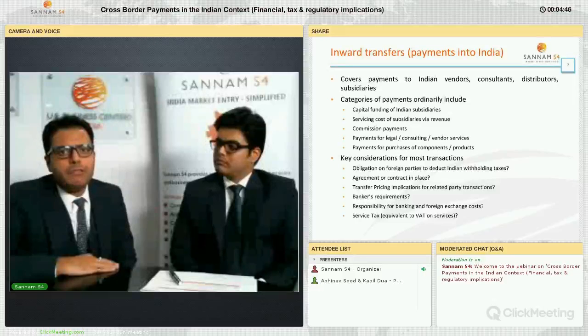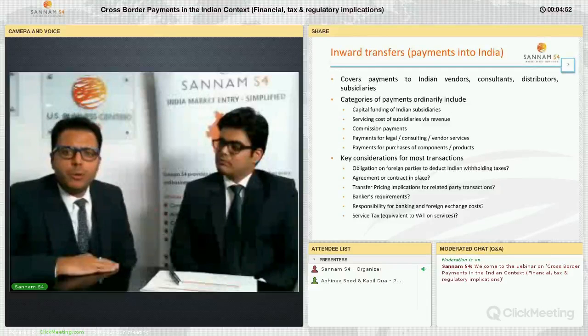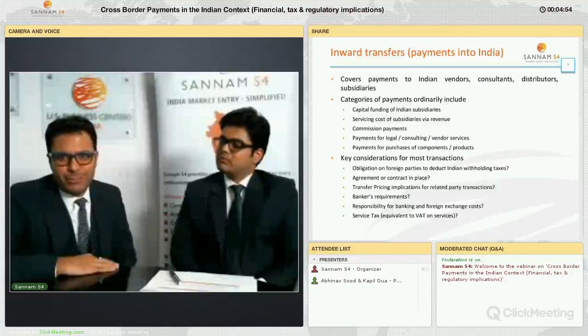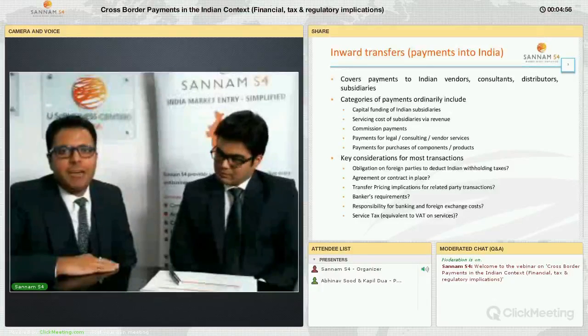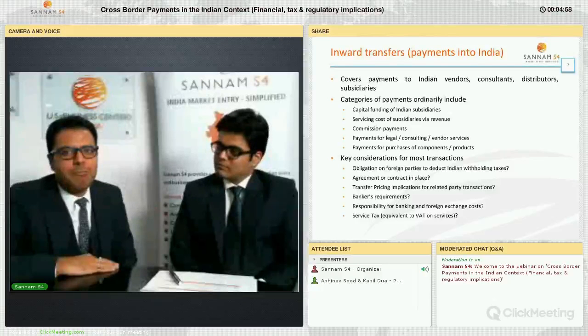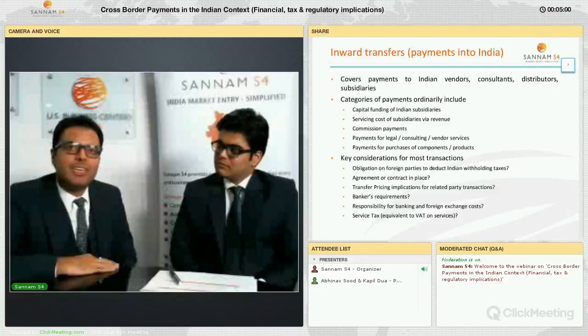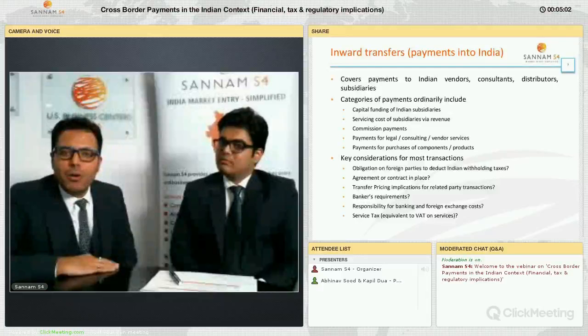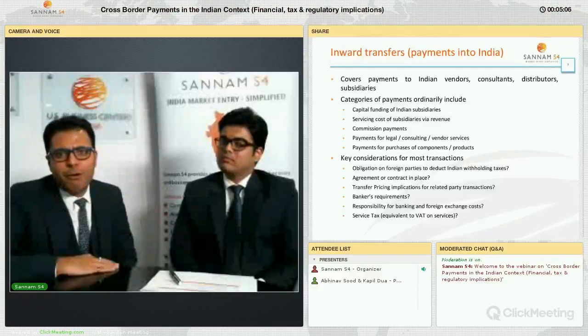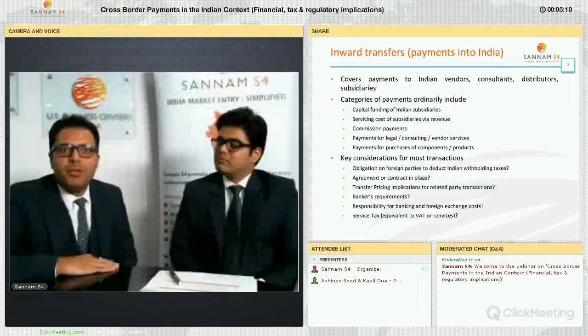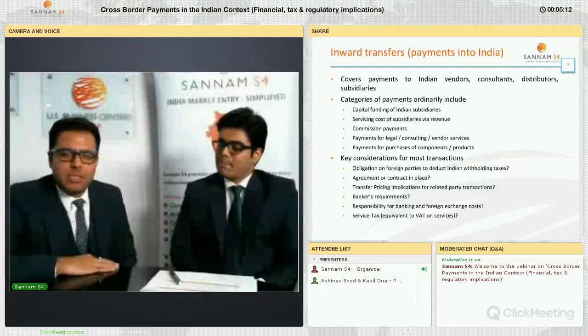Most importantly, when you are transferring funds into India, it could be either towards the equity capital or towards the expenses of the Indian liaison or branch office. And sometimes you have a private limited company or a non-profit institution, and you would think about how to transfer monies into India for the servicing of the Indian cost, to manage the working capital of the Indian business.